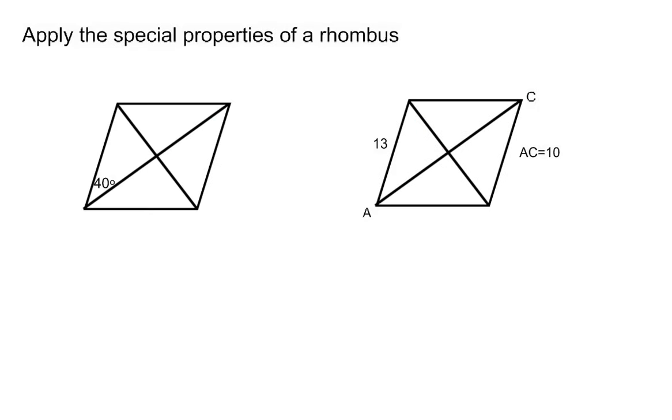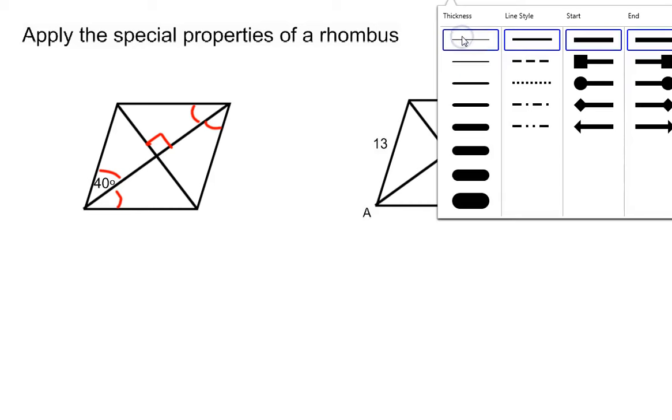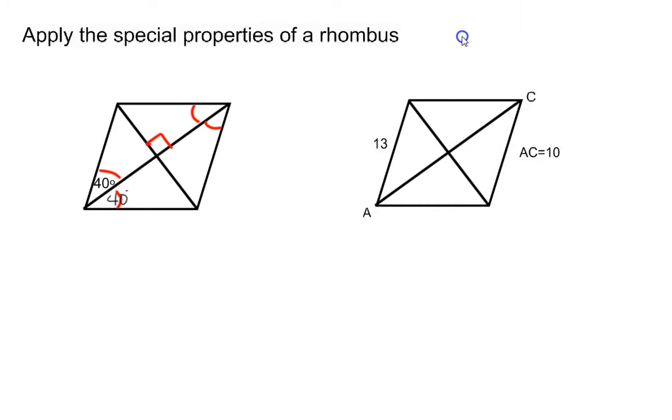So let's look at the special properties of a rhombus and how we use these. We said diagonals are perpendicular, so I'm going to go ahead and mark that as a right angle, just in case I need it. But I also know the diagonals are bisected, which means all 4 of those are the same because of the fact that opposite angles in a parallelogram are congruent. So that means that's 40, that's 40, that's 40 degrees.